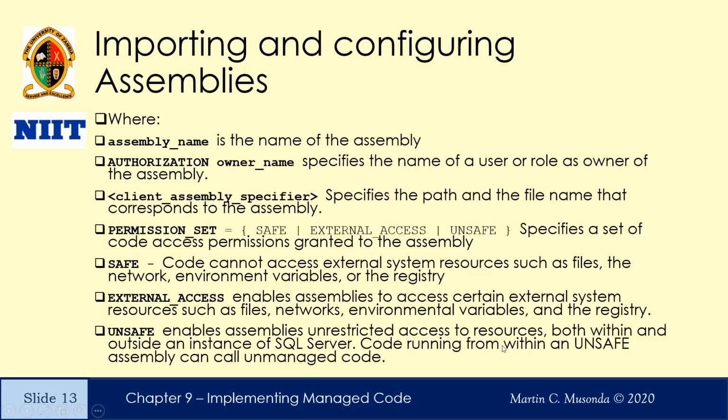Code running from within an unsafe assembly can call unmanaged code. In other words, when you use UNSAFE, it means that you are giving it absolute freedom to access any resource. And if that software, that code, is malicious, it can do a lot of damage.